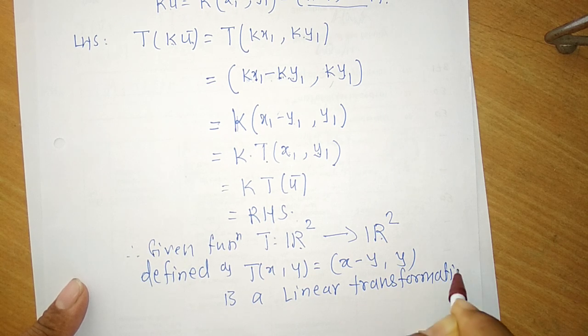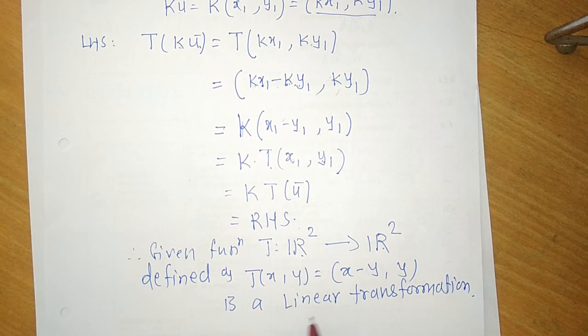A linear transformation always depends on how you define the function. In this example, if we define the function in this way, then it satisfies both conditions, therefore it is a linear transformation.